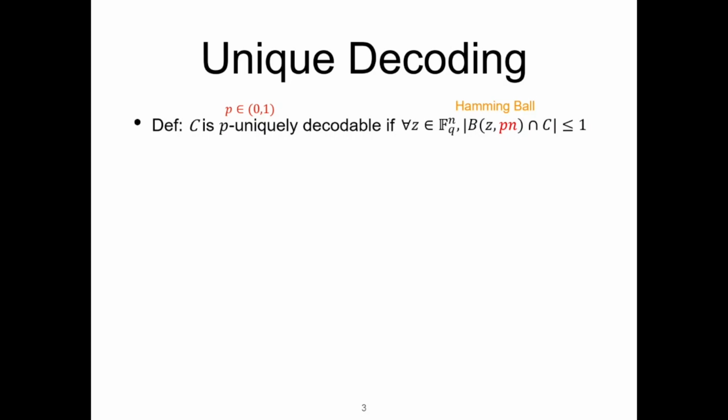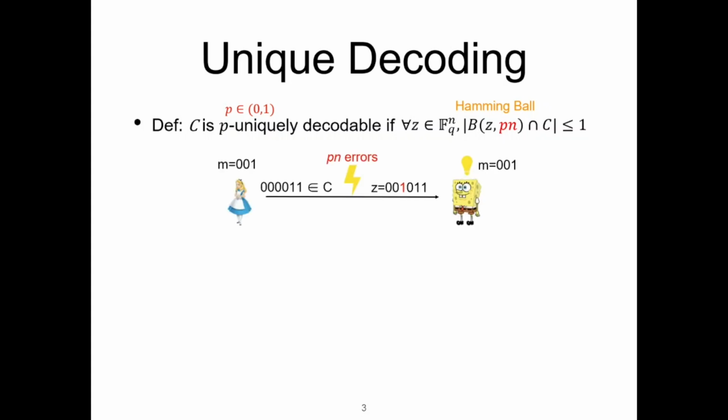The standard notion of decoding is what we call unique decoding. And here's the definition. Suppose p is a real number between 0 and 1. We say a code C is p-uniquely decodable if for every vector z, the Hamming ball centered at z with radius p times n contains at most one codeword.